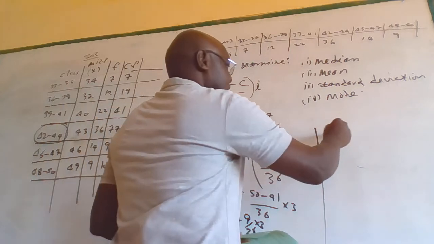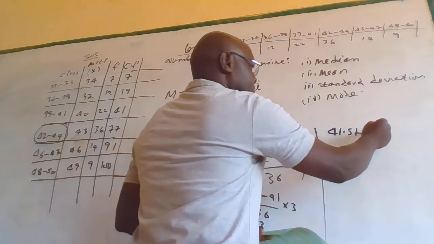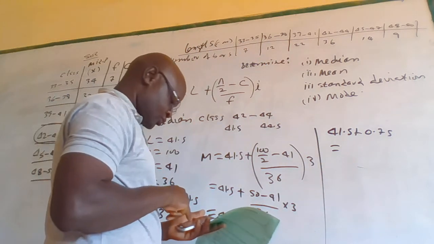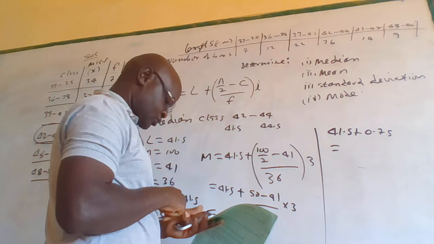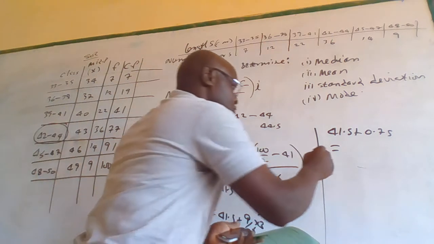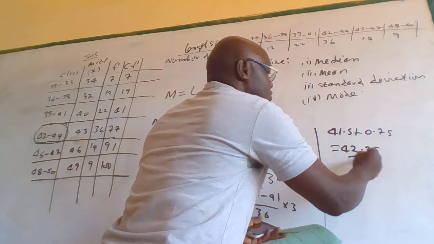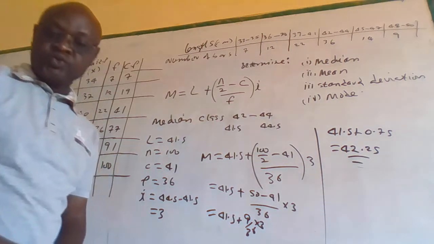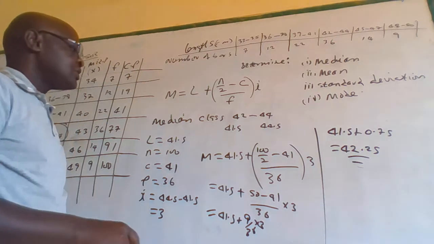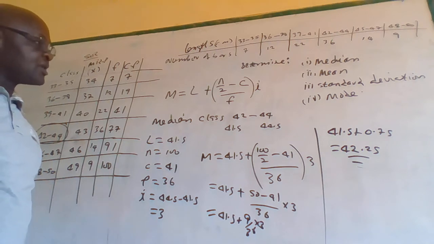So we have 41.5 plus 0.75, which equals 42.25. That is our median.